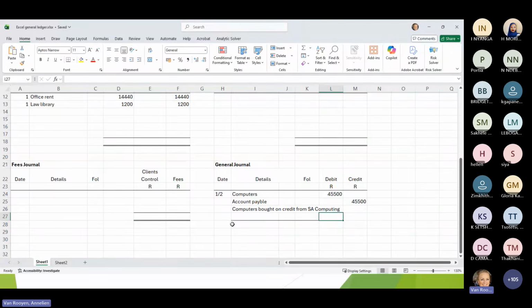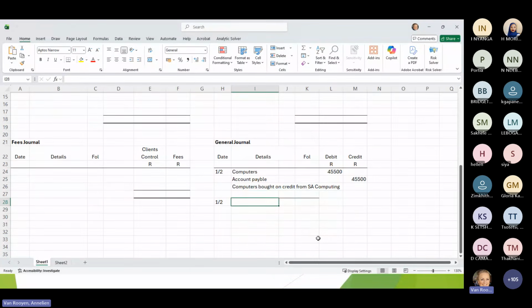Yes, ma'am. Okay, so again, we put in the 1st of February. Now, what is increasing and what is decreasing? I want you to think this through. Remember that in this case, we bought computers, so we debited computers. Now, what is happening now? The laptop is taken out of the business. So can you see what should be a credit?